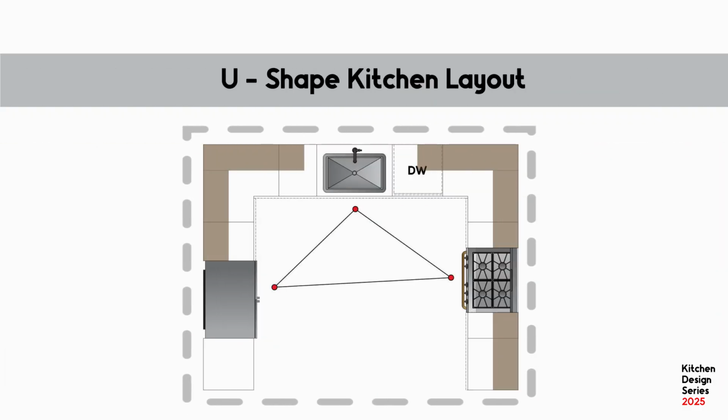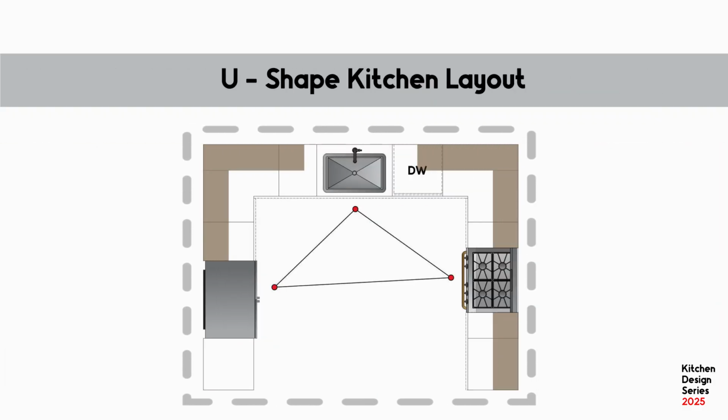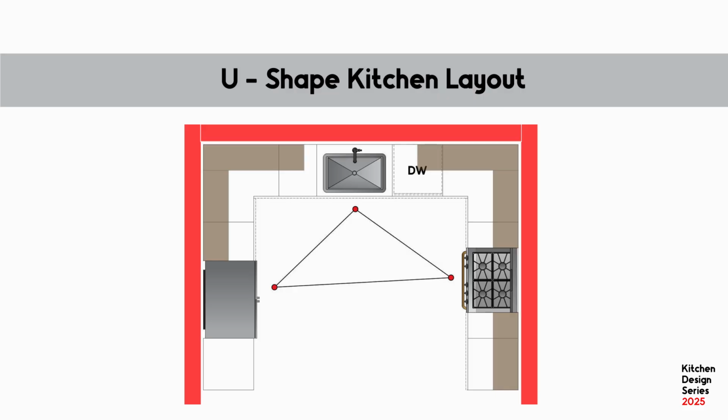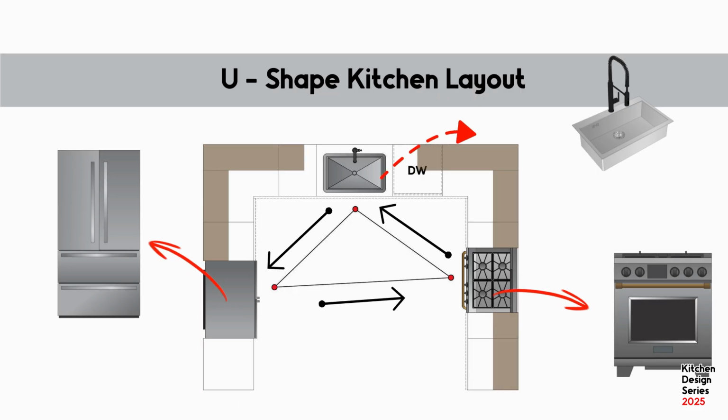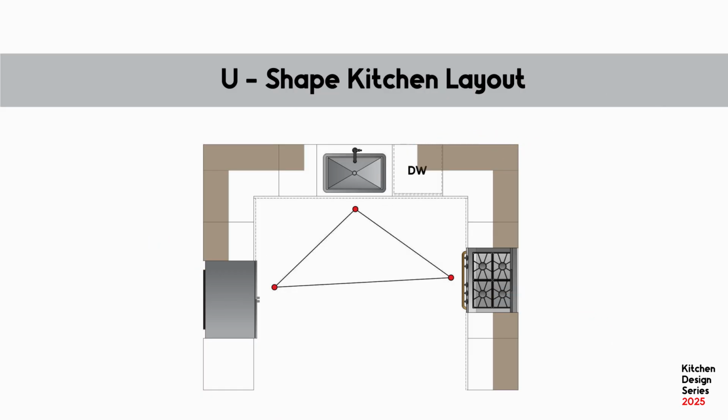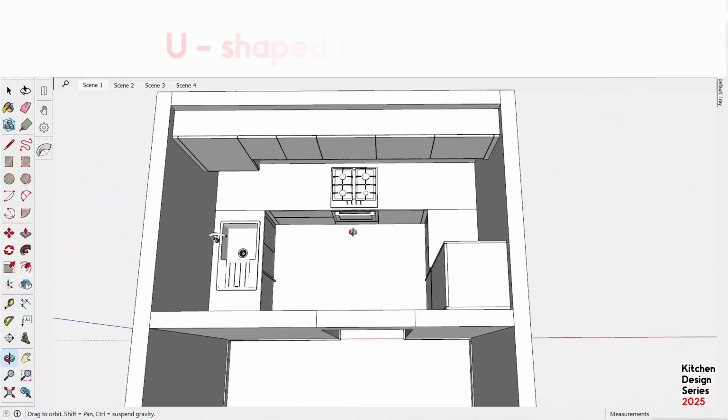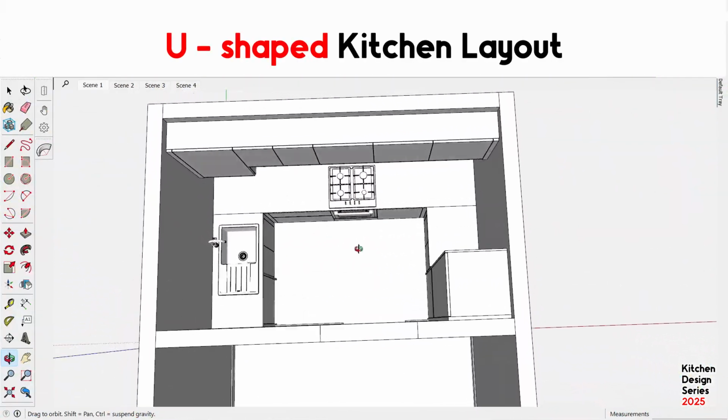We'll be talking about the U-shaped layout next, which is a connection of three walls that forms a U-shape. This kind of layout can be used to maximize the counter and storage space. It is efficient for larger homes and it's really convenient for those that are passionate about cooking and baking.